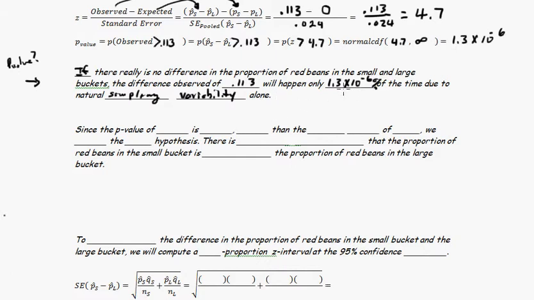So basically the model says it should never happen, but it did happen. So that's a contradiction.